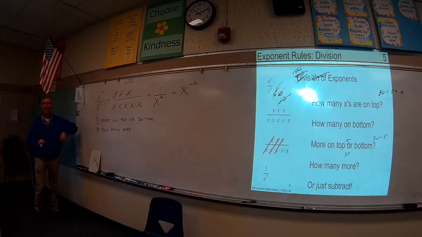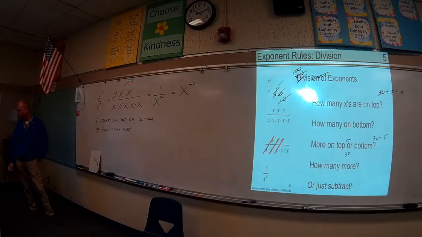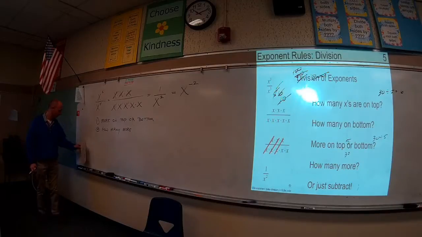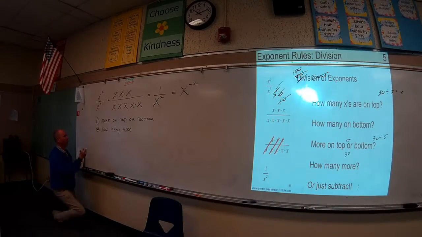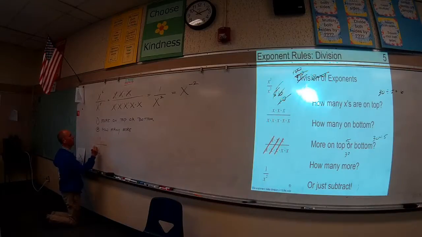So I'm going to do the exact same problem. How many x's are on top? 3. How many are on the bottom? 5. Are there more on the top or the bottom? Bottom. How many more? 2. So what I'm going to do is 1 over x to the second.